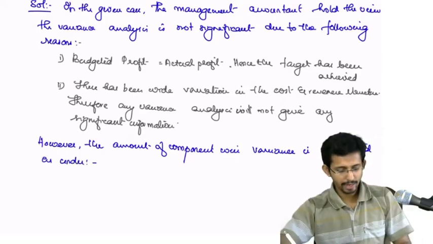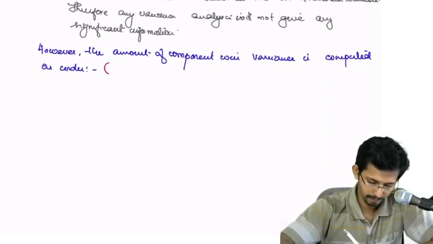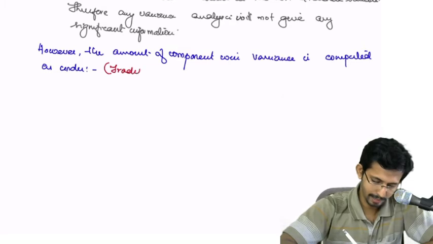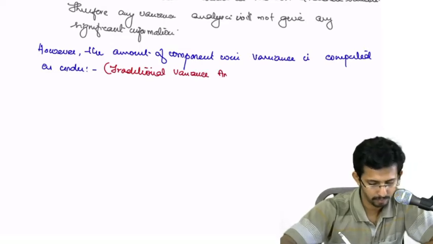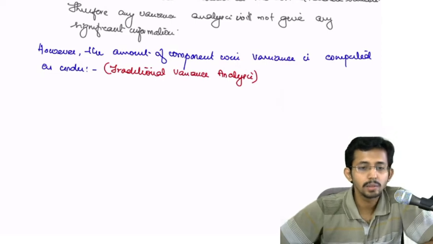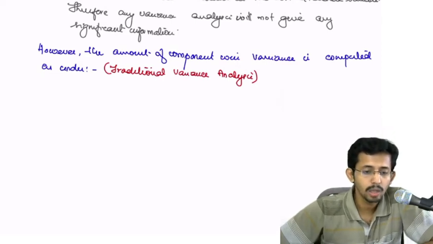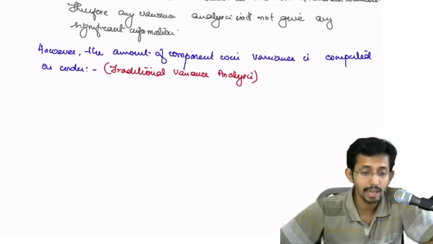Okay, you have to do a traditional variance analysis. Now, how should you do this? You have to do this because you need to know whether what the management accountant is stating is correct or not. So let's do a traditional variance analysis first.